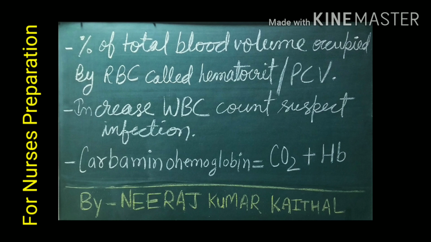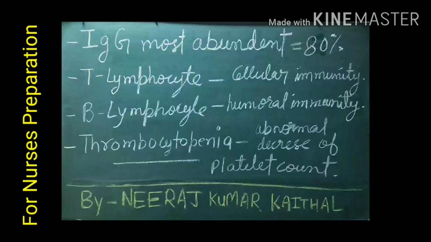Combination of carbon dioxide and hemoglobin is known as carbaminohemoglobin. In our body, a total of 5 types of immunoglobulins are found. These are IgG, IgA, IgM, IgE, IgD.